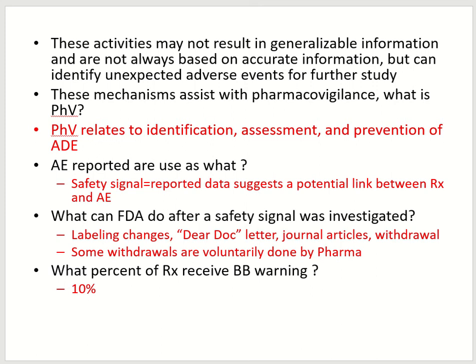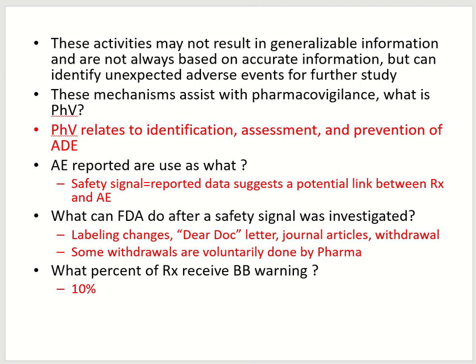So when we're saying activities, we mean the adverse event reporting may not result in generalizable information, and is not always based on accurate information, but it can identify unexpected adverse events for further study.